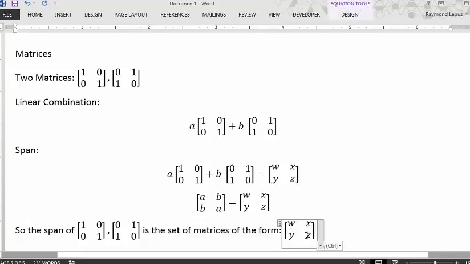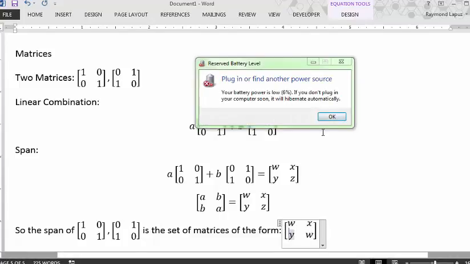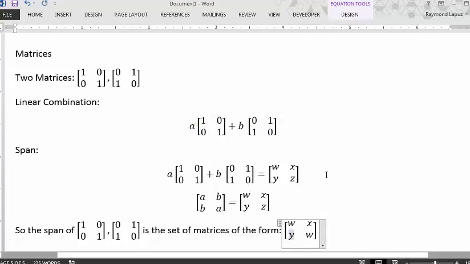We said that Z is equal to W, so we can just say W and W for that, and X is equal to Y. So any matrix that looks like this.